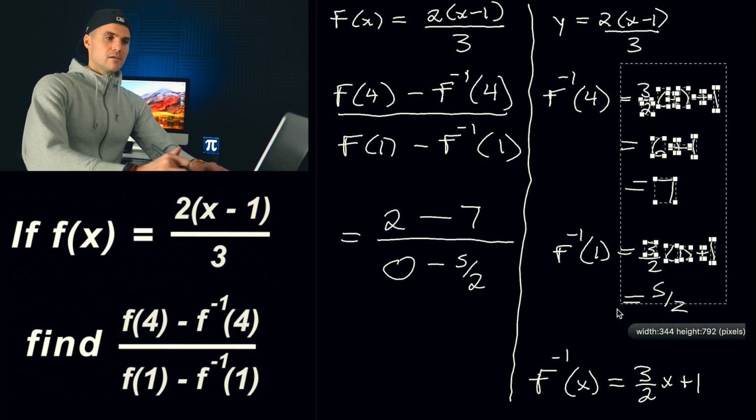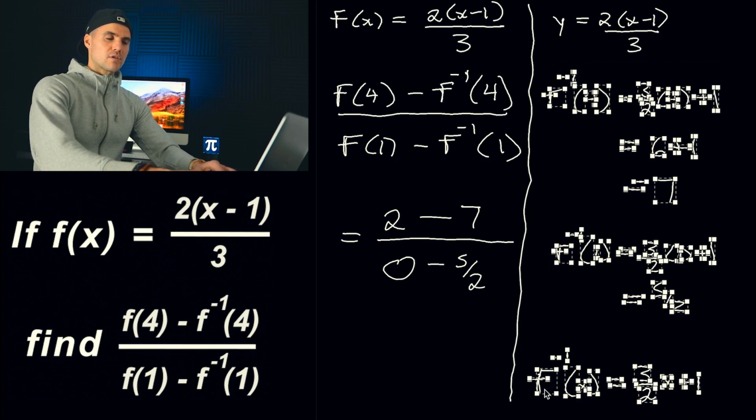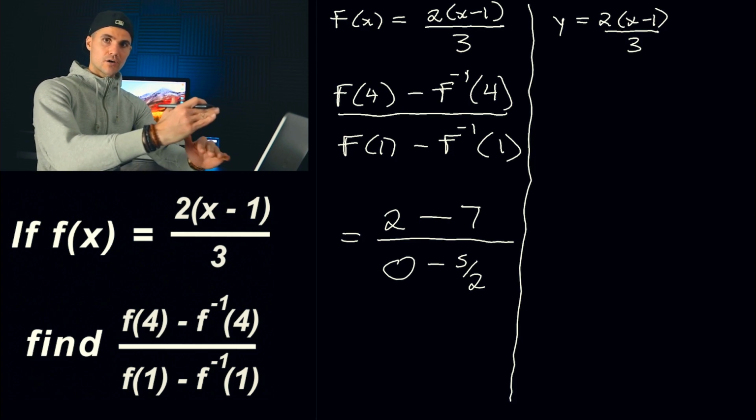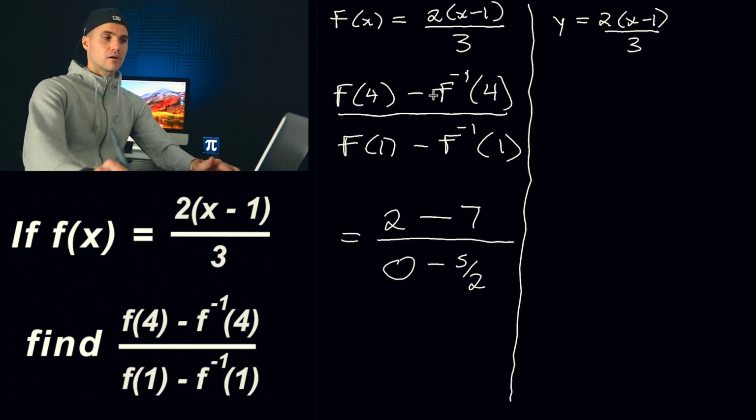Another way you can do it, if you don't want to go through the entire algebraic process of finding the actual inverse function. Some questions will ask for that in a part A, part B type of deal, and then they'll ask you to do something like this maybe at the end in a part C. But if you don't want to go through that, remember that if you have a function and it contains the values x and y, let's label it differently, as m and n.